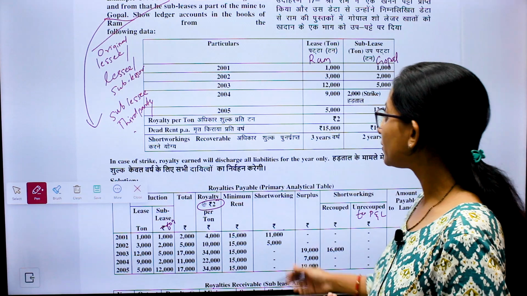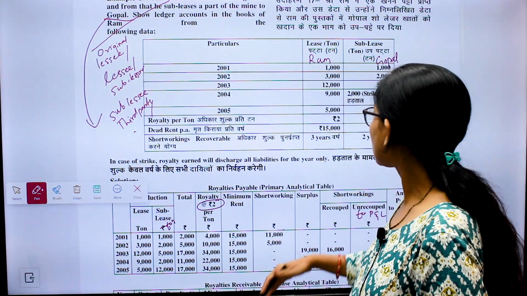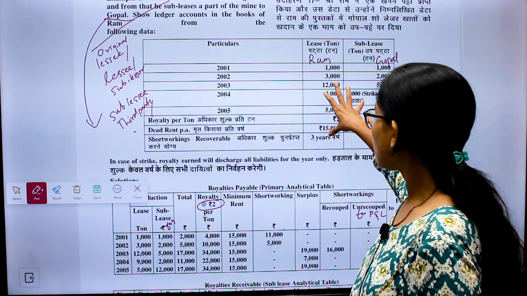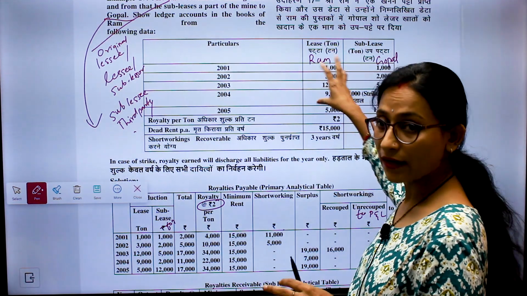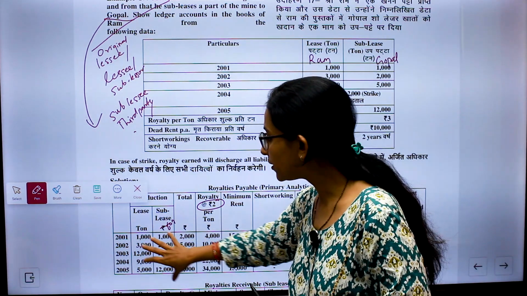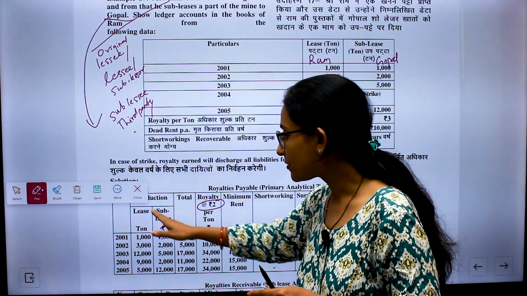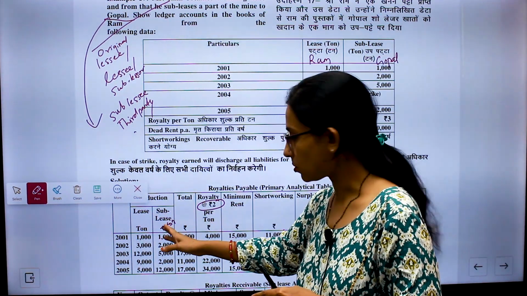Okay, so this is the primary analytical table which we have prepared considering this question and the tons produced by Ram and Gopal both. Okay, because we have mentioned both the tons produced, Ram also and Gopal also, means lessee also and sublessee also.